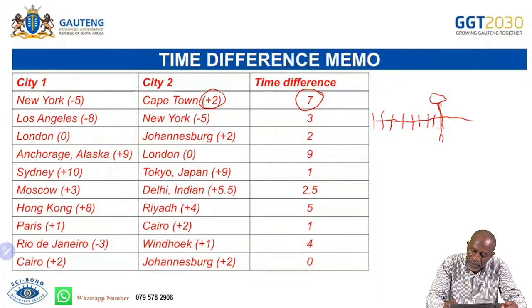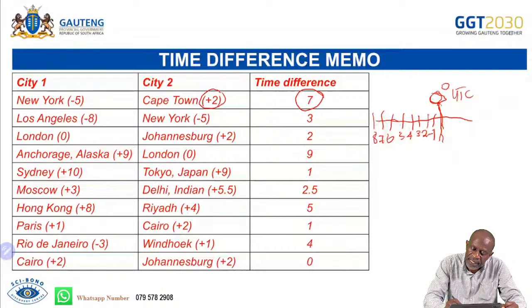I'll do 5 counts from the 0 degrees longitude, which is our UTC. I'll count -1, 2, 3, 4, 5, 6, 7, and 8.